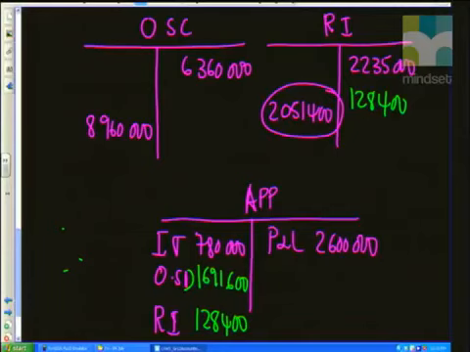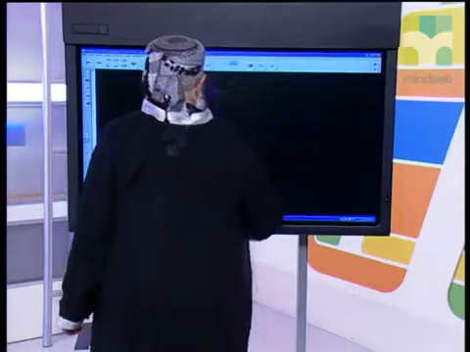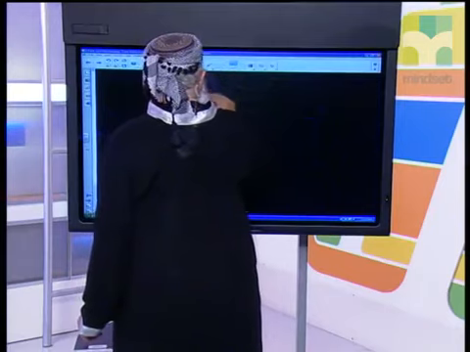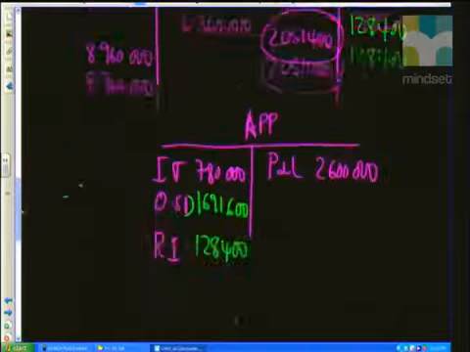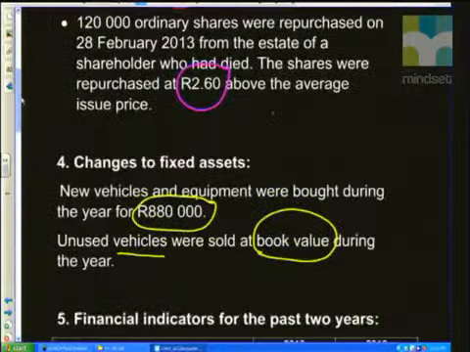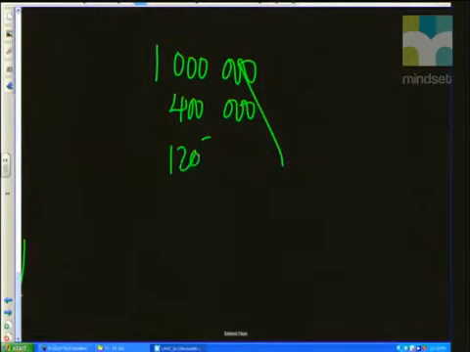Okay, coming back to our shares, the all-important part of our shares. Let's do this here so we know exactly what we're doing. We started off with 1 million shares. You recall? We sold a further 400,000 shares and we repurchased 120,000 shares. Right. 120,000 shares were repurchased.